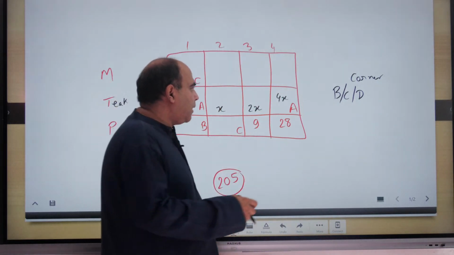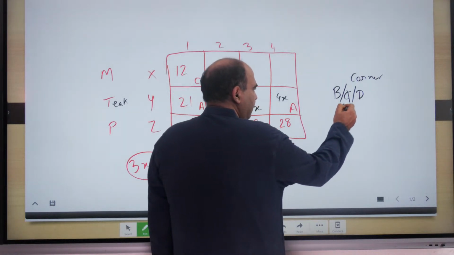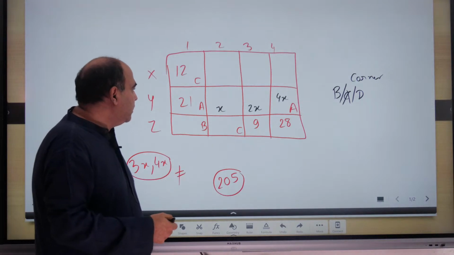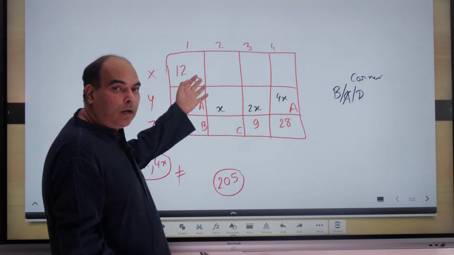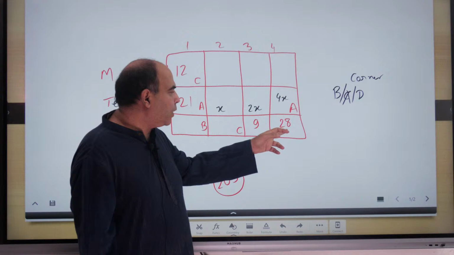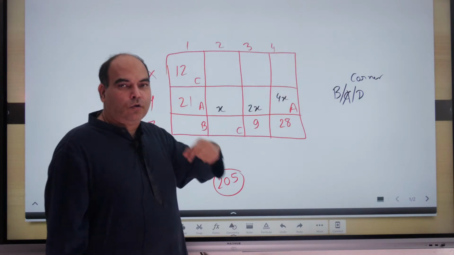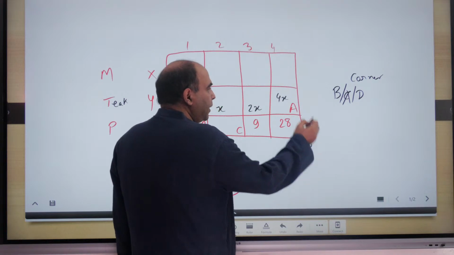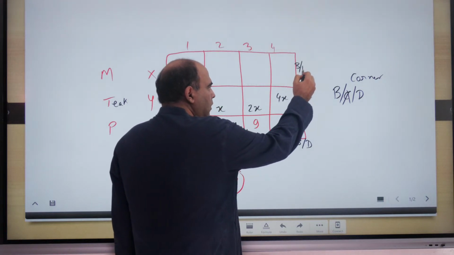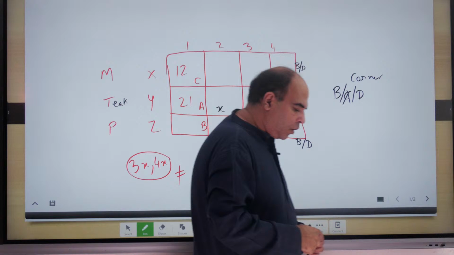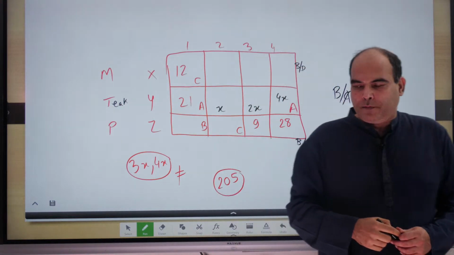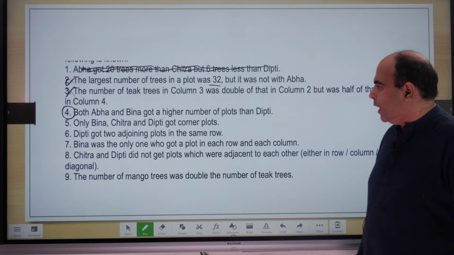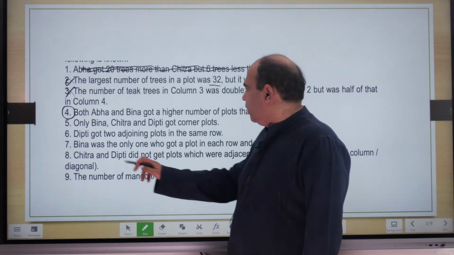So the corner plots have to go to B or D. Although the question tells me B, C, D, I know it's B or D. C has got this one, B has got this one, and this one will go to either B or D, and this one will also go to either B or D. So I'll make a small note here. So these corner plots are going to B or D. That's what we will deduce from that, and we are through with this clue.